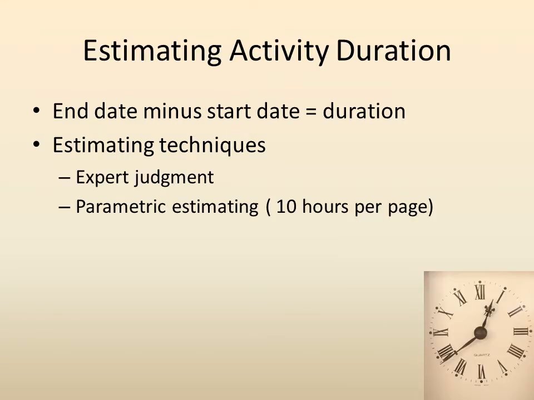The next part that happens in activities is determining how long each individual activity is going to take. There's a thought that we just simply say, well, we've got 6 months to do this project, so that's how long it will take. But that's not how formal project management works.